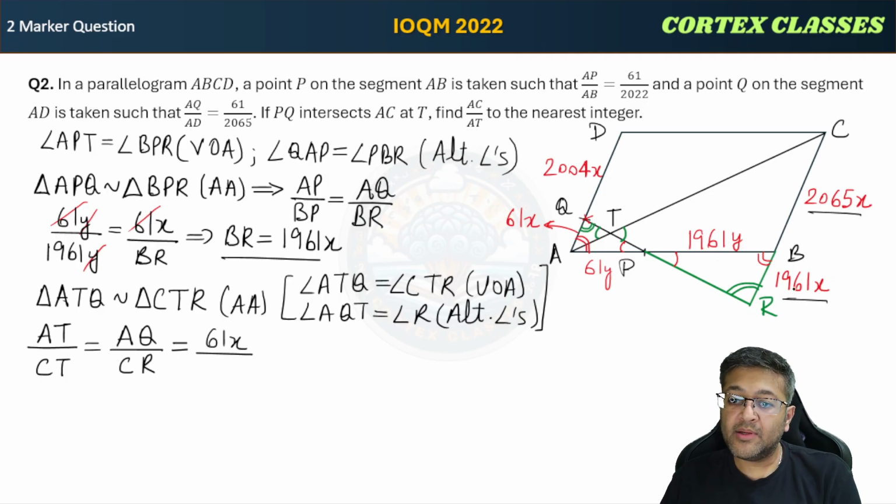So we add them up, right? How much will it come to, guys? Let me just see. 2000 and 2000, 4000 will definitely be there. Then if you give 61 to 39 from there, we are left with 26. So the addition of them will give you 4026x. What will their sum be? What will the value of CR be? 4026x. So you can see here, guys, x and x cancel.